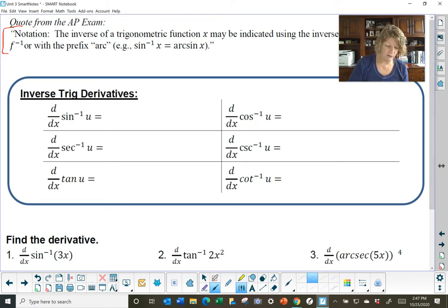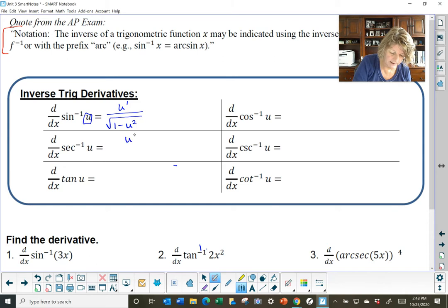The inverse trig derivatives, these are the final 6 things we have to memorize. They're written in chain rule style because we're going to use u as our function. So for sine inverse, the derivative of sine inverse of u is u prime over square root of 1 minus u squared.